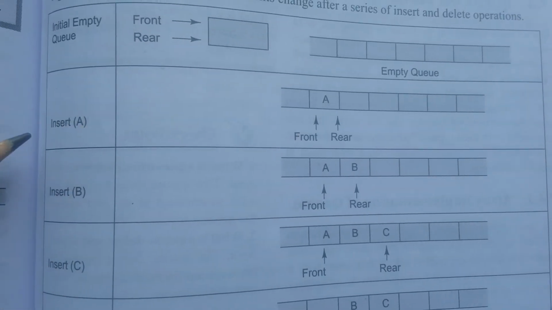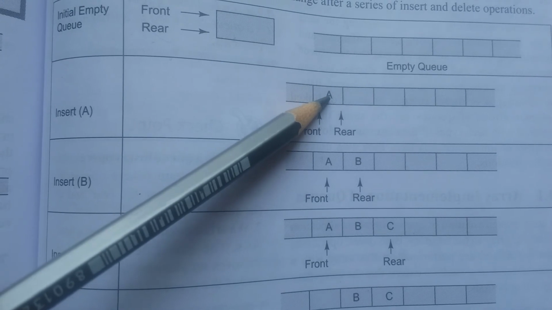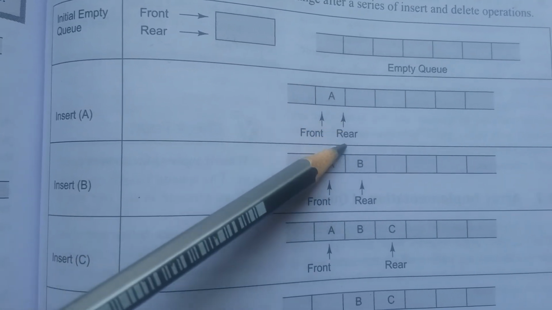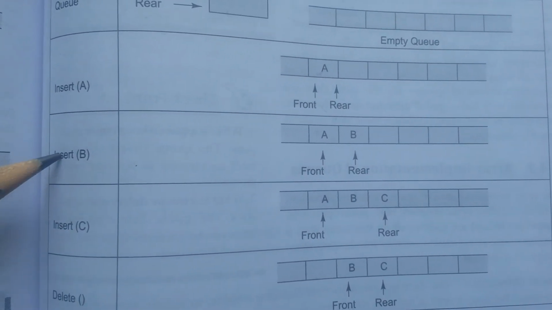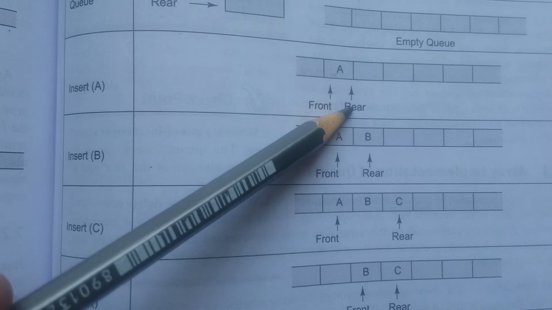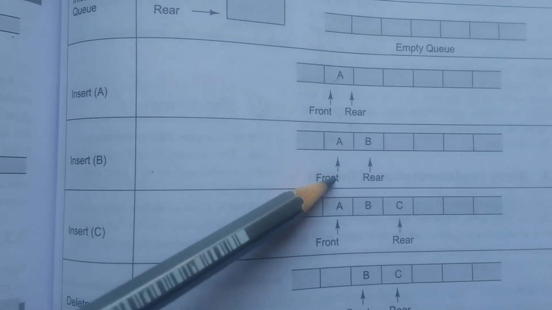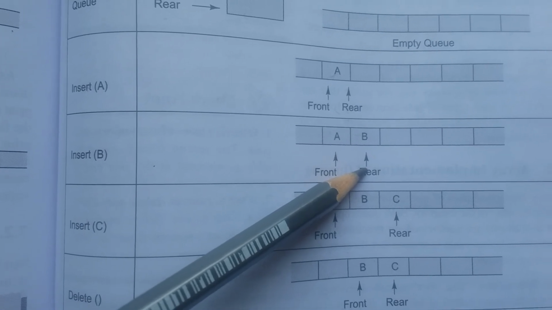So what happens, when I am inserting the first element A, the A is inserted in the empty queue and the front and rear point to the same element. After that, whenever I am performing the second insert operation, it is inserted by using the rear end only. So front remains at A and B is inserted by incrementing the rear pointer only.